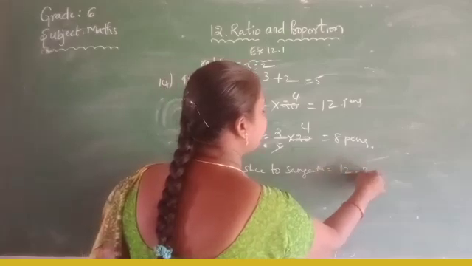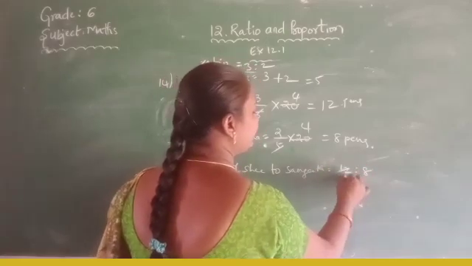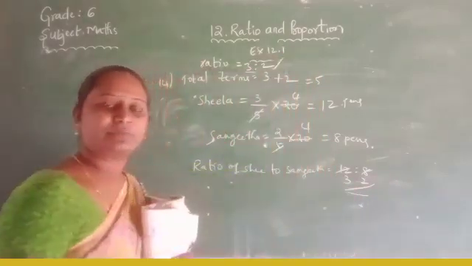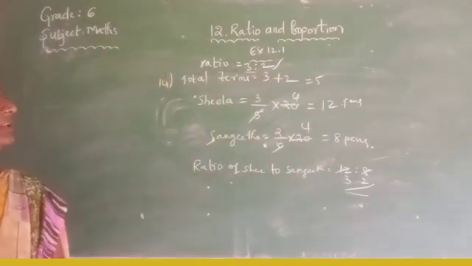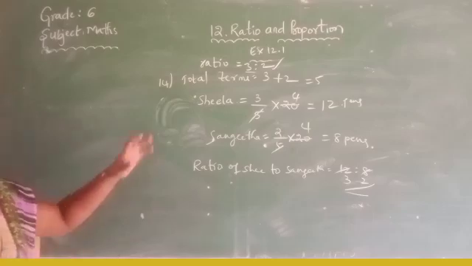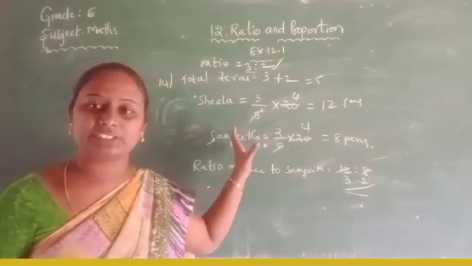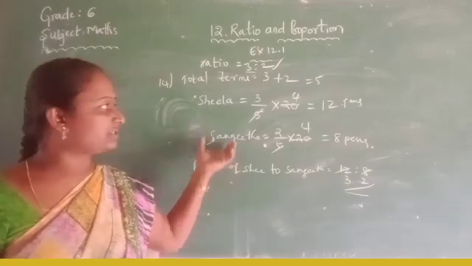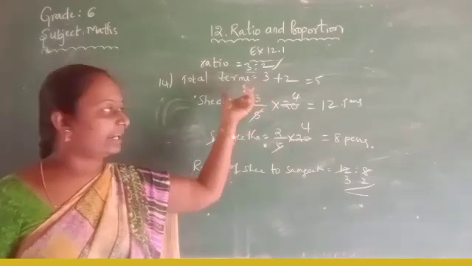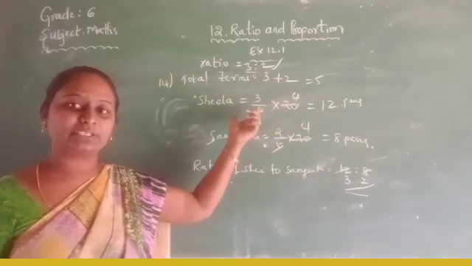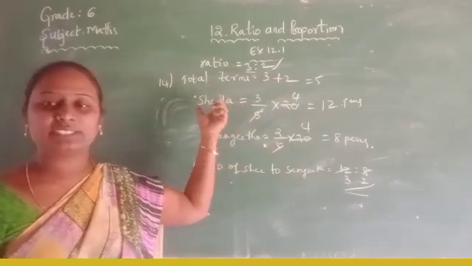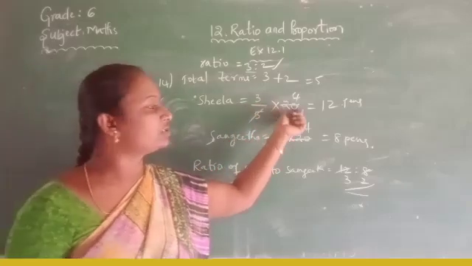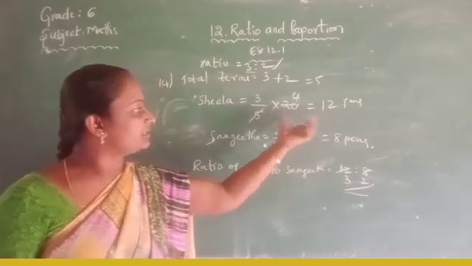That is 12:8. If you simplify, 4 threes are 12, 4 twos are 8, you will get 3:2, or not? Yes. So if the ratio is given and the total is given, first write the total ratio and the total terms. From that, write the person who is asked, and by total terms into 20. You will get the answer, like this.